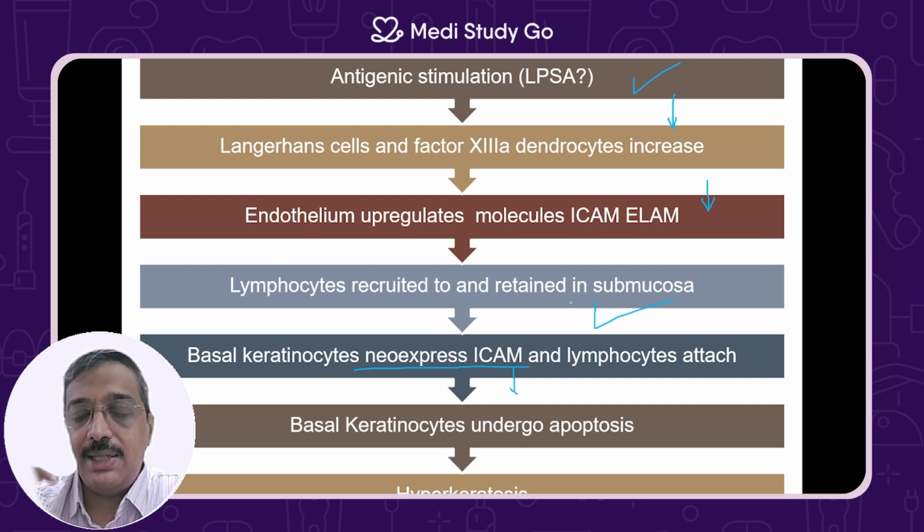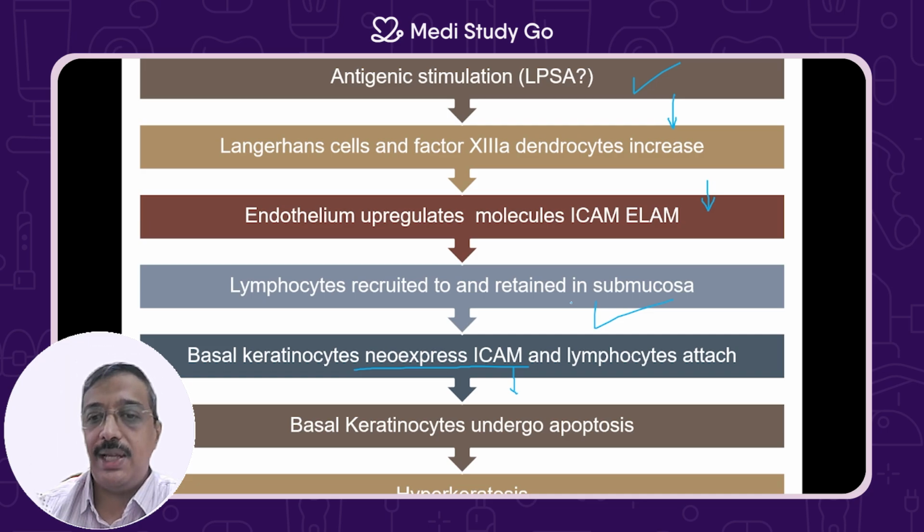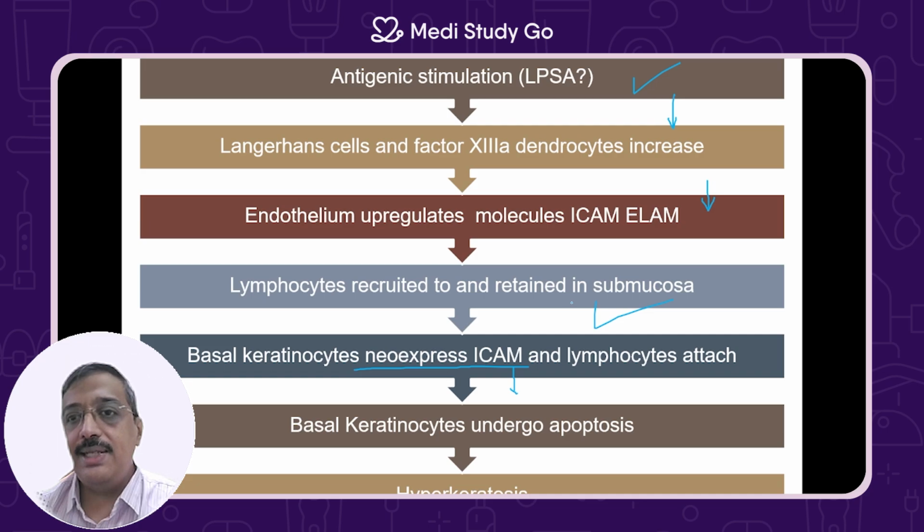Similarly, these intracellular adhesion molecules, they are acting like those hooks. When the lymphocytes come there, they hold on to it and they recruit more and more. And this leads to a very characteristic recruitment of these lymphocytes.